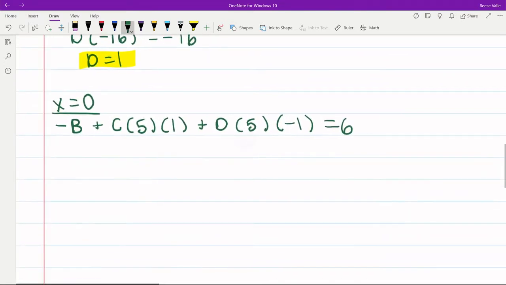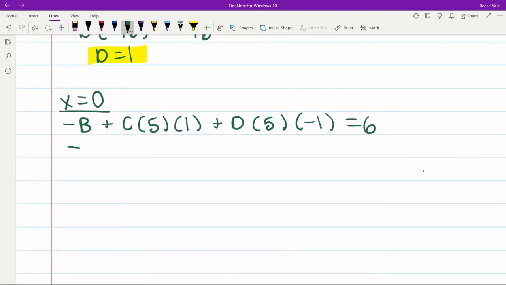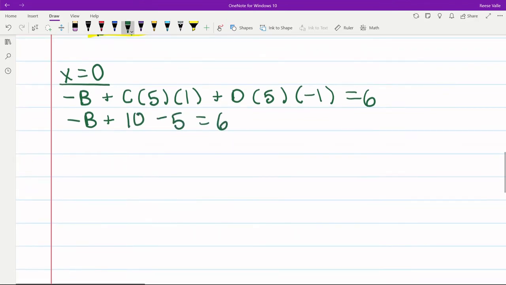Cool. And then if we plug in what we know for c and d, it's going to be plus 10 minus 5 equals 6. And then -b plus 5 equals 6. And so -b equals 1. So then b equals -1.